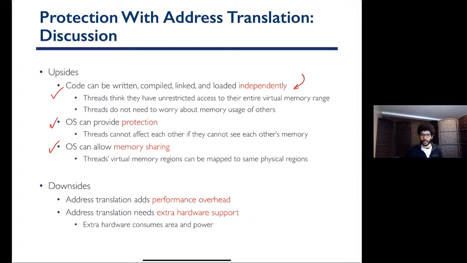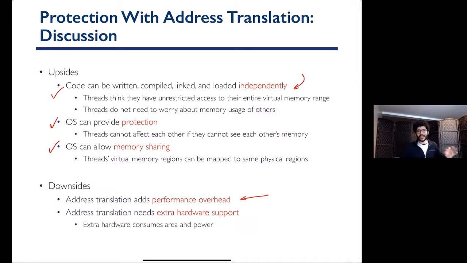Now, this comes with a cost, and the cost is performance, because every time we want to go to memory, and I mean with every instruction, we're going to go to memory, because at least we're going to read the code for this instruction.